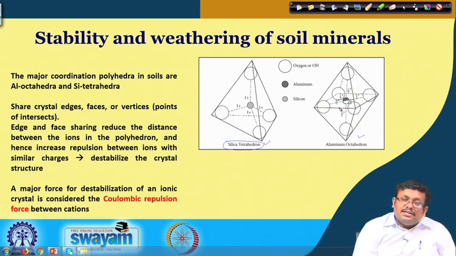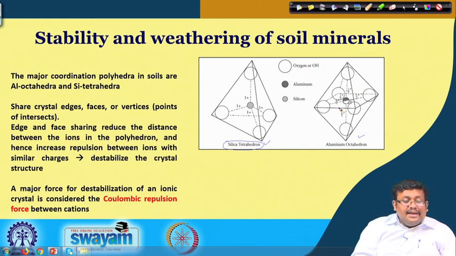So, here the coordination number is 6, and these two are the major coordination polyhedra in soils, and different arrangement and different sharing of these tetrahedra and octahedra give rise to different clay minerals and different other primary minerals.